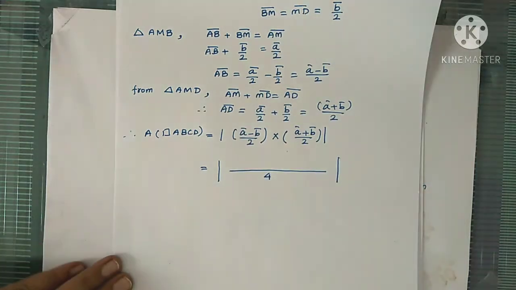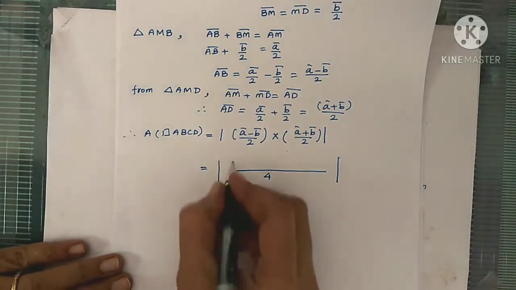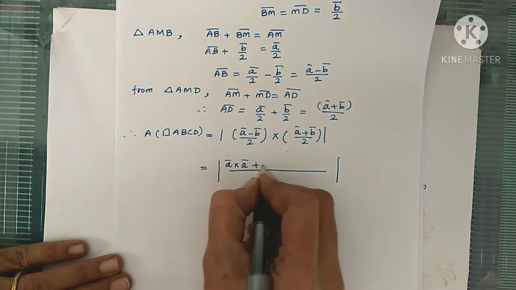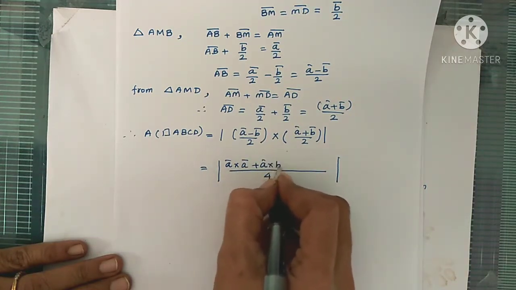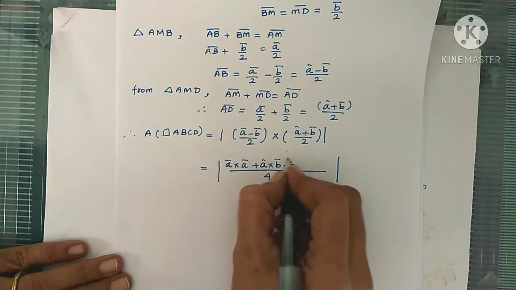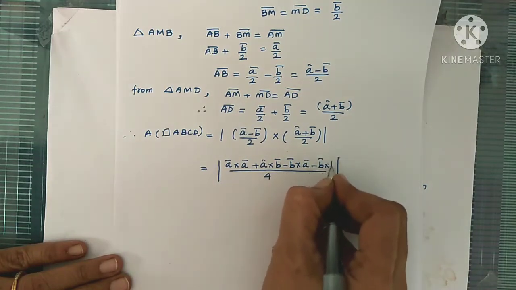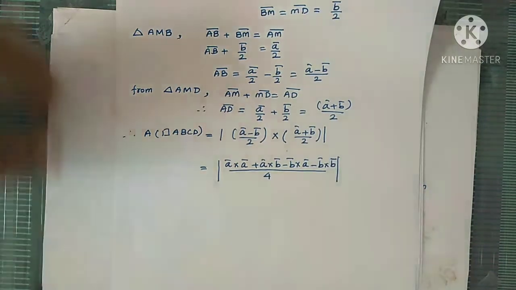Now let's write the simplification for the numerator, which is A bar cross A bar plus A bar cross B bar minus B bar cross A bar minus B bar cross B bar.